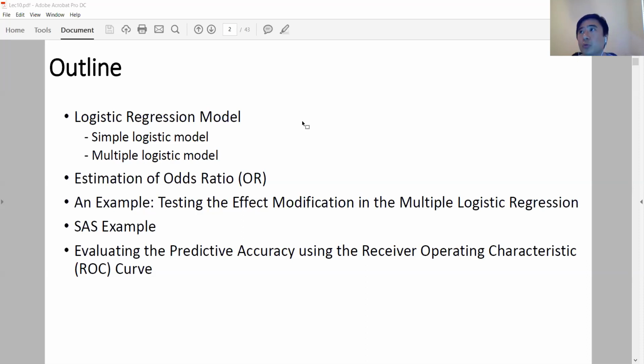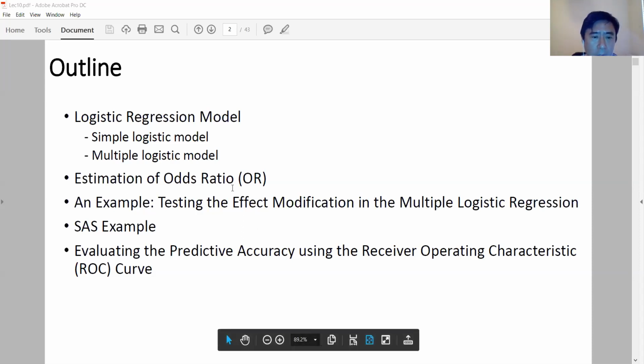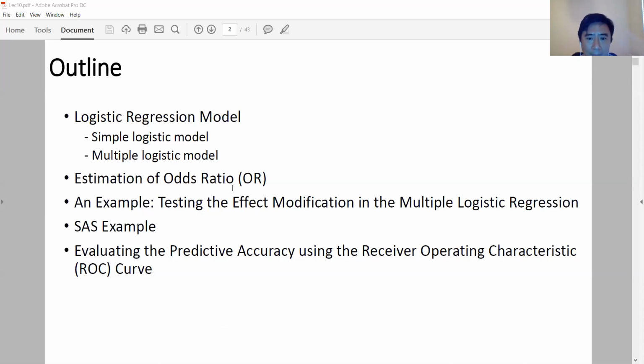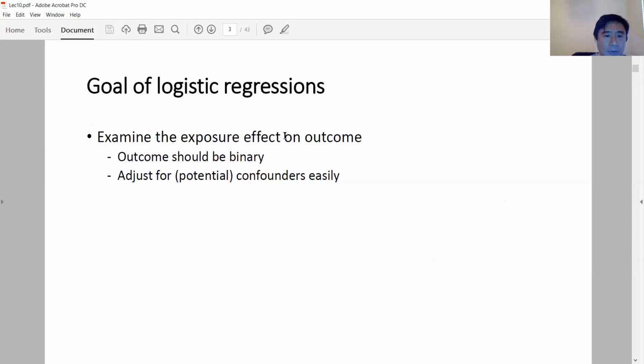The outcome here has to be a binary variable, and therefore this is used for comparing how a difference in the independent variable can produce a difference in the odds ratio of the risk defined by the binary variable, which we call the event variable or the disease variable. It's really the binary variable you can think of as either disease, no disease, or event, no event.